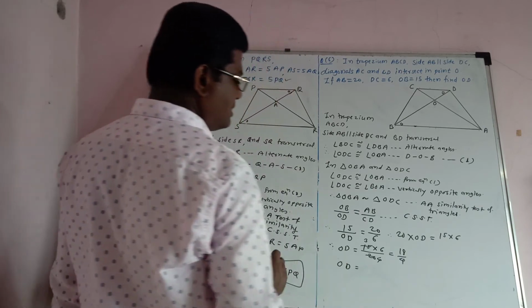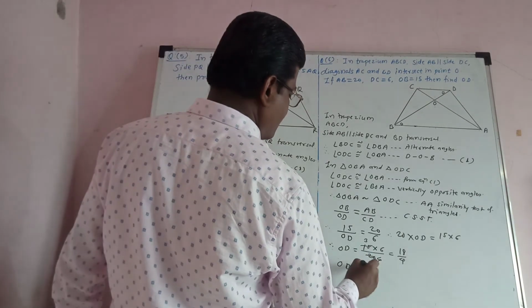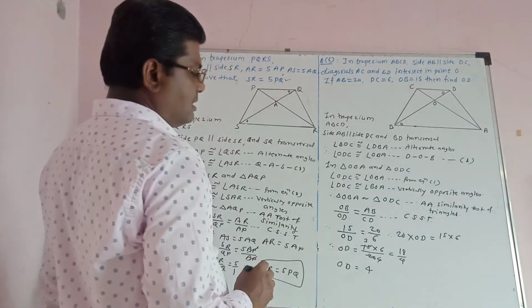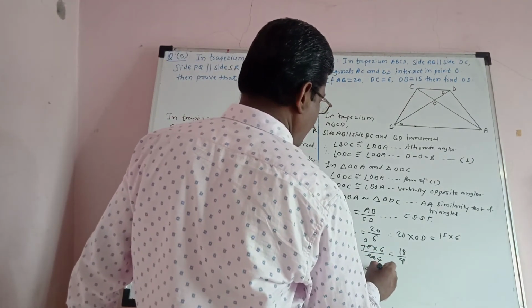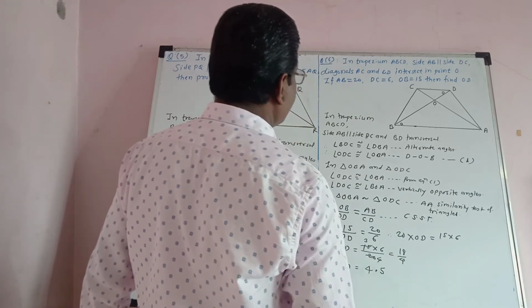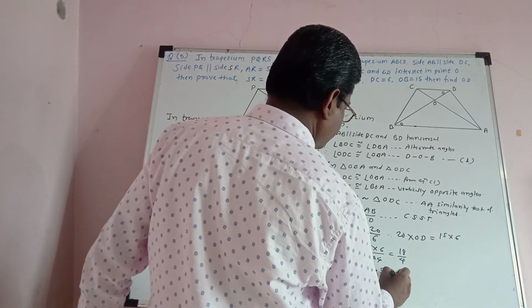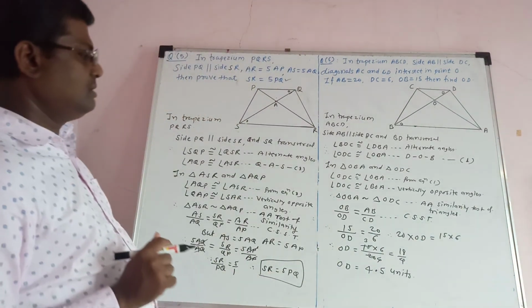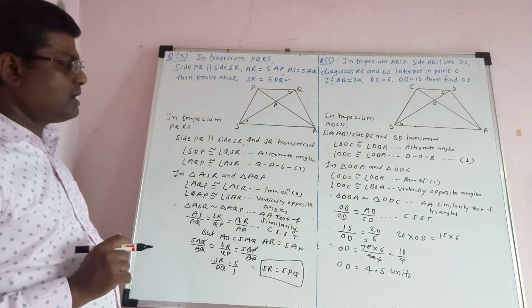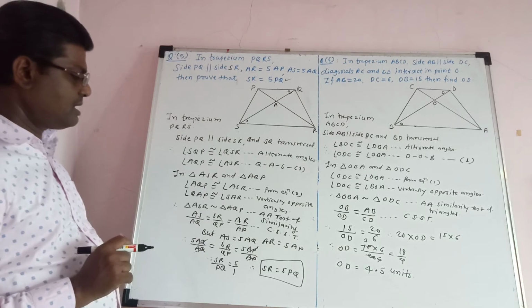Therefore OD is equal to 18 upon 4, which is 4.5 units. Thus the value of OD is 4.5 units.